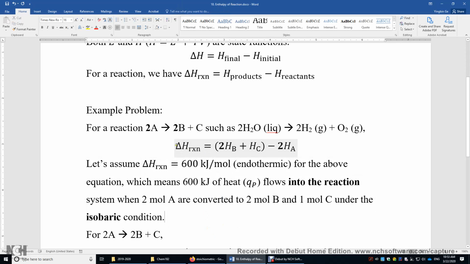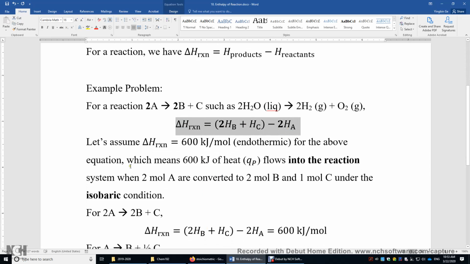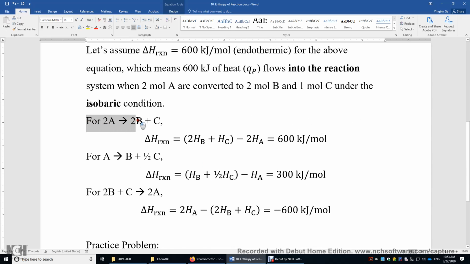So let's get back to this equation, and for 2A to react and produce 2B plus C, we have this enthalpy of reaction is equal to 2 times the enthalpy of B plus 1 times enthalpy of C minus 2 times enthalpy of A is equal to 600 kilojoule per mole. Okay, I made up this value just for convenience.